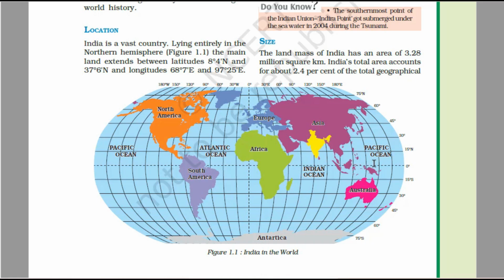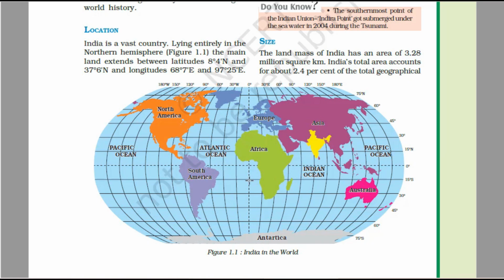Here is the line of 0 degree that divides the globe into two parts. If we are moving upward, we are going north. Similarly, if we are moving to the left side of this line, we are moving to the west, and for the right side we are moving towards east.